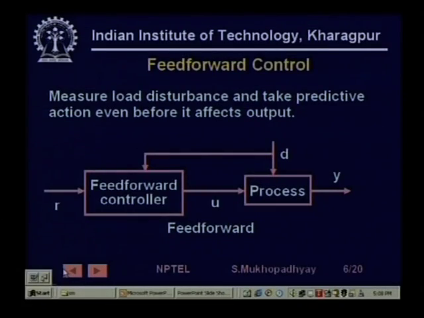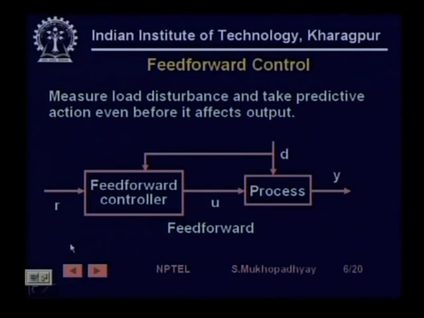It does depend on the models, but since you are actually checking the output, you do not really need a very accurate description of the process model. This is a fundamental advantage of feedback control and a fundamental disadvantage of feed forward control.